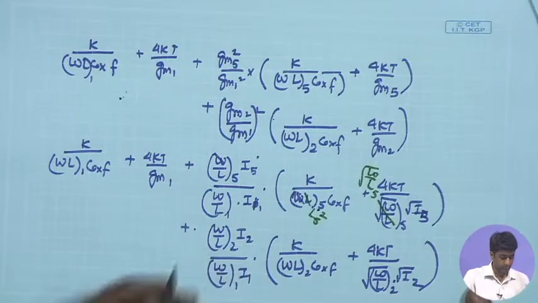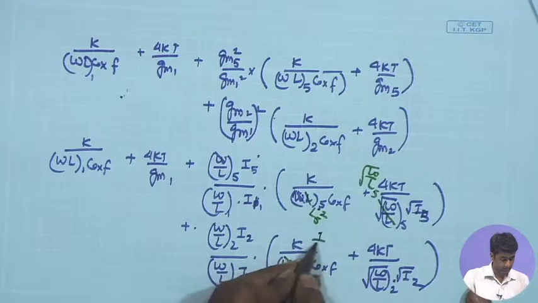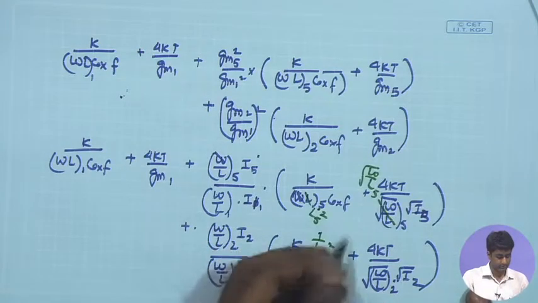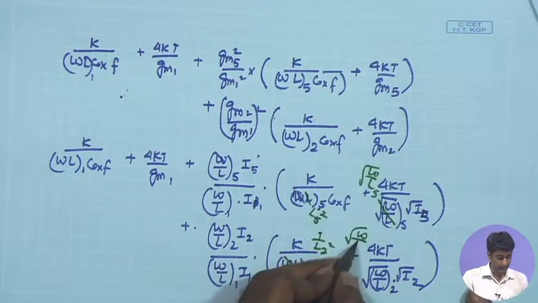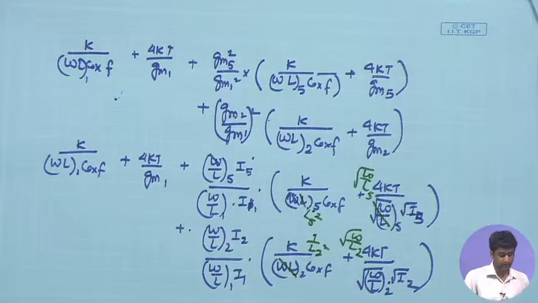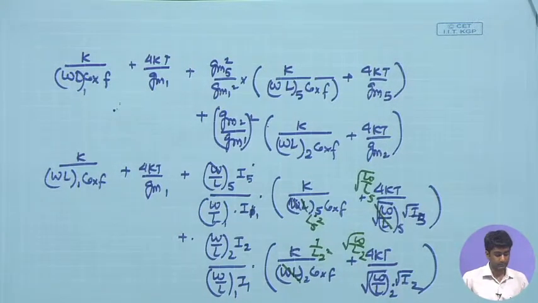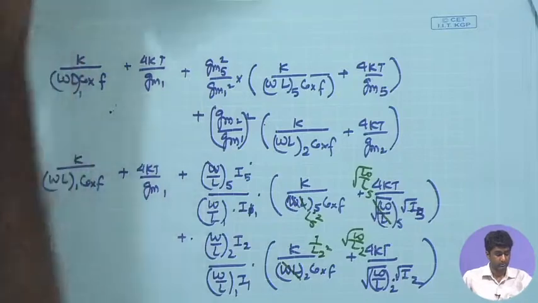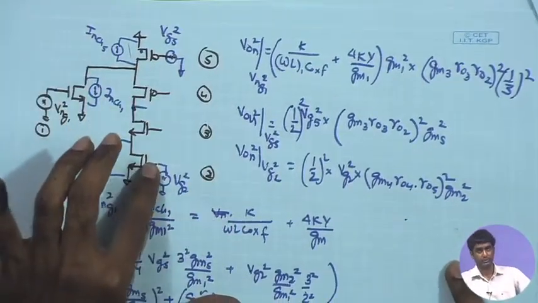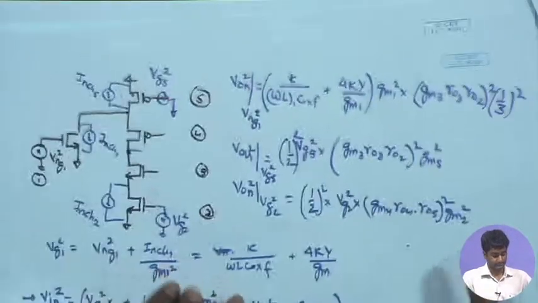Likewise, in the denominator expression, I have the W getting cancelled, and this is going to give me 1 upon L2 square in the denominator, and here when you are cancelling this, you are getting the W by L2 term in the numerator. Therefore, increasing the L2 and L5 definitely can help us in minimizing the noise contribution of the M5 and M2 stacks. So these two transistors' contribution to the overall noise can be suppressed by having a larger channel length for these two devices.